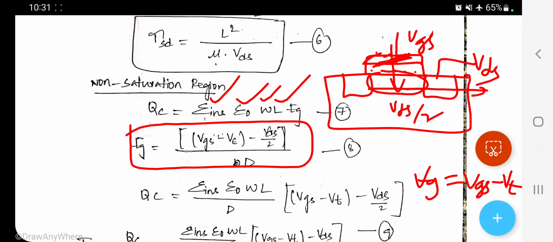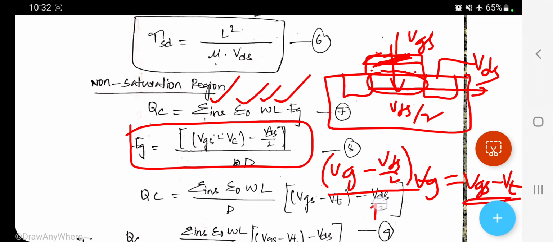So the potential difference across the gate and the channel is VG minus VDS by 2, divided by D. That gives the field. VG is nothing but VGS minus VT, minus VDS by 2, divided by D. That gives the effective gate field Eg. The potential difference is VG minus VDS by 2 divided by the thickness of oxide gives the field Eg.